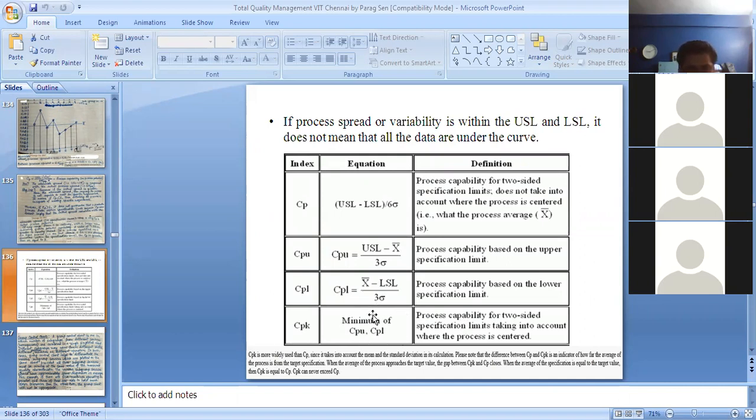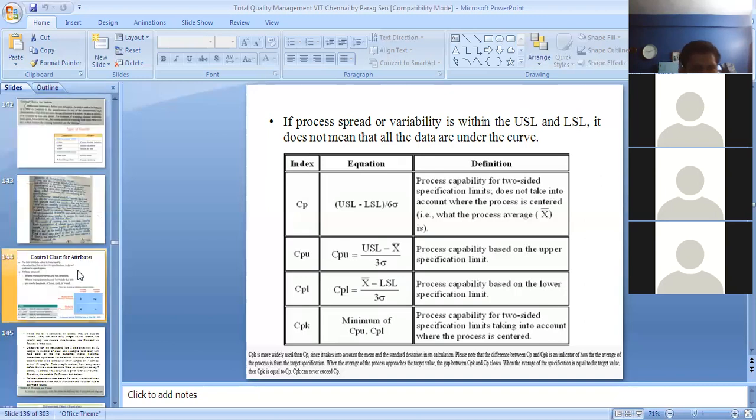By judging the Cpk, you can understand how capable the process is of meeting the specific requirements provided by the customers.